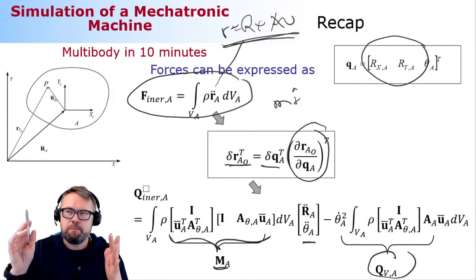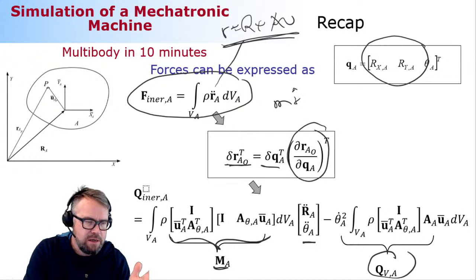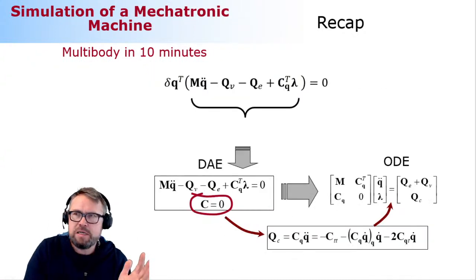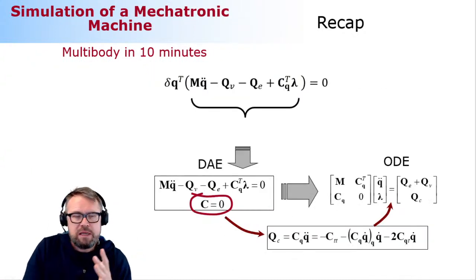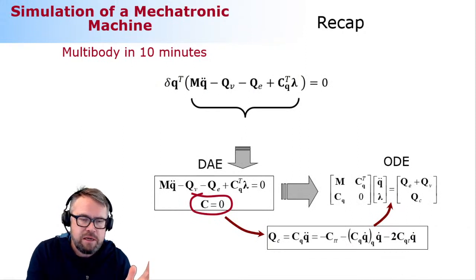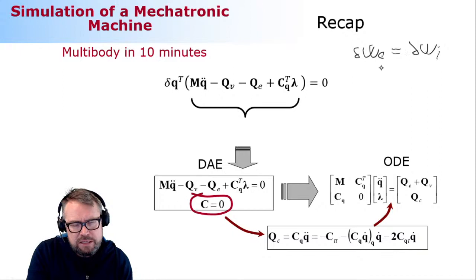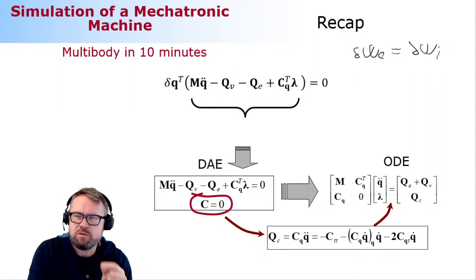Now we have generalized forces, and the final step is to set them equal to 0. So you can say that the virtual work done by externally applied forces is equal to the virtual work done by inertia forces, in such a way that you are accounting for the forces coming from the constraints.